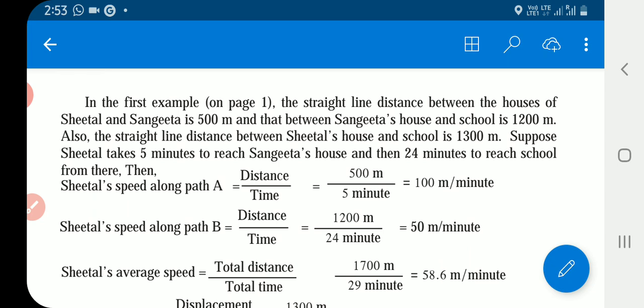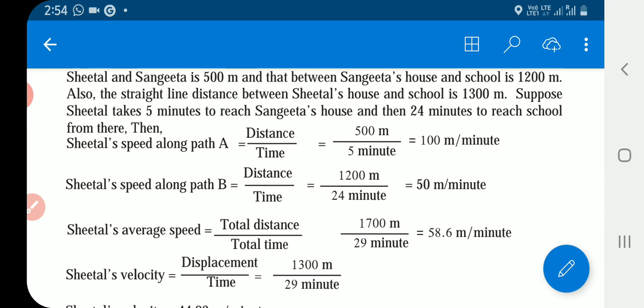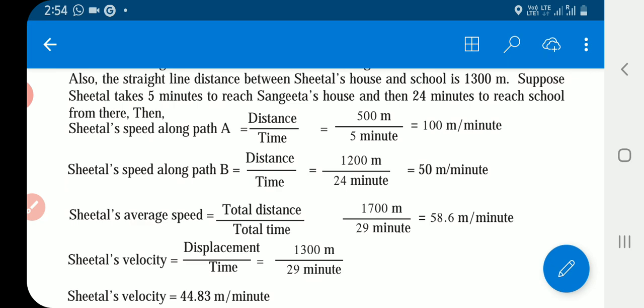Distance is 500 meters and time is 5 minutes. So Sheetal's speed is 100 meters per minute. Sheetal's speed along path B is distance upon time, 1200 meters upon 24 minutes. Speed is 50 meters per minute.